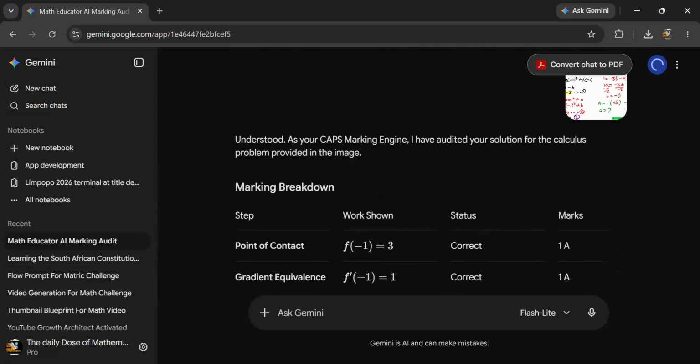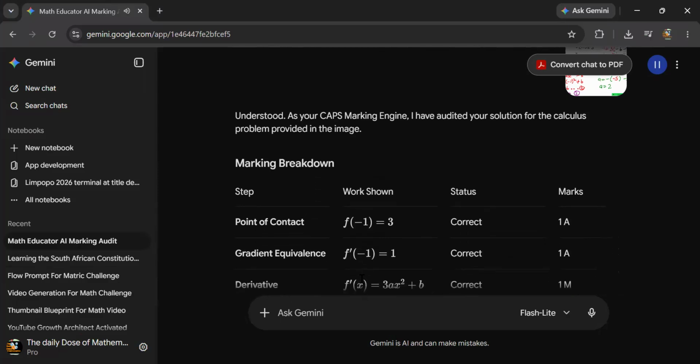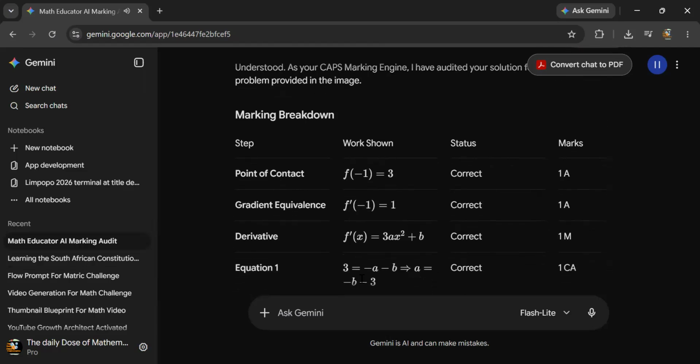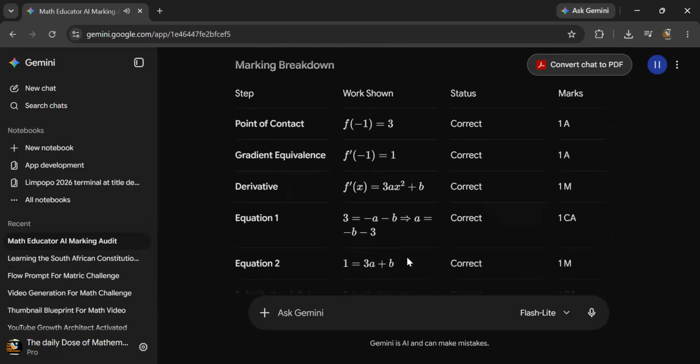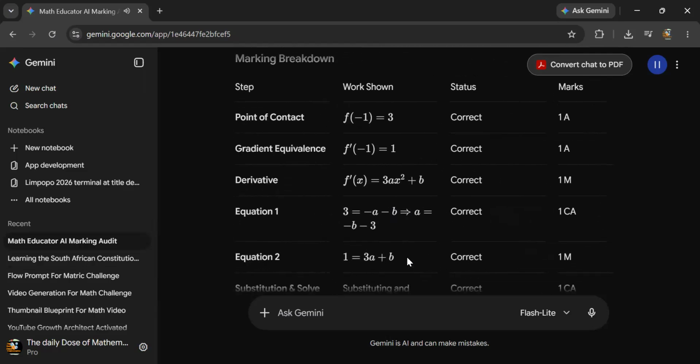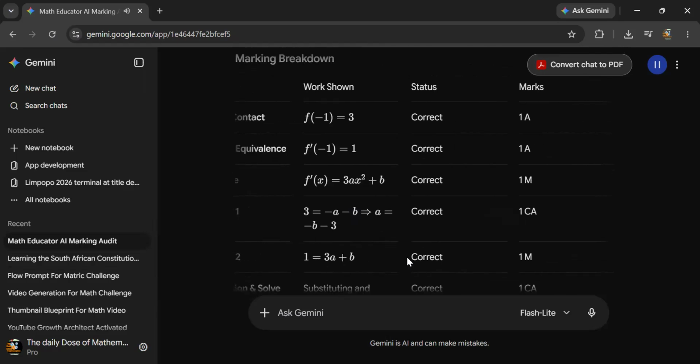Understood. As your CAPS marking engine, I have audited your solution for the calculus problem provided in the image. Marking breakdown. Step, work shown, status, marks. Point of contact f(-1) equals 3, correct, 1A. Gradient equivalence f'(-1) equals 1, correct, 1A. Derivative f'(x) equals 3x squared plus b, correct, 1M.